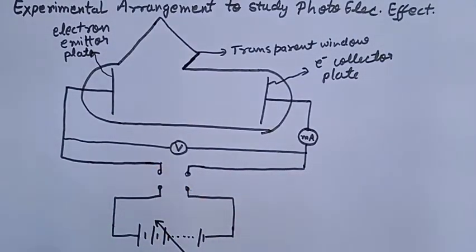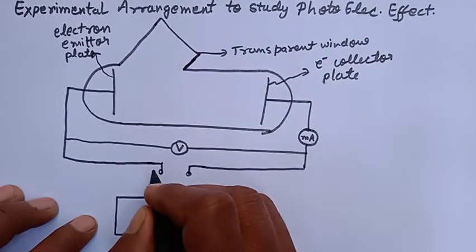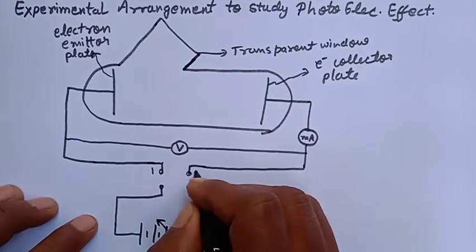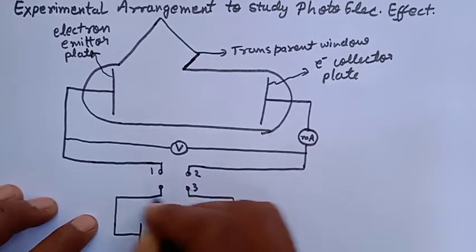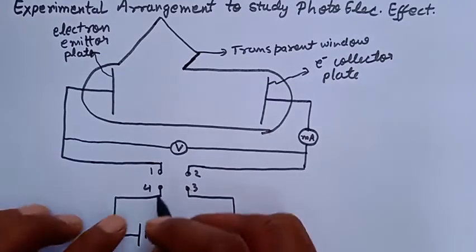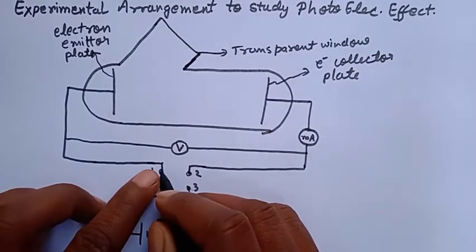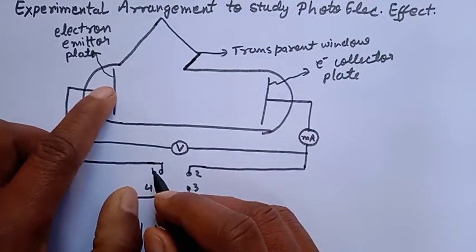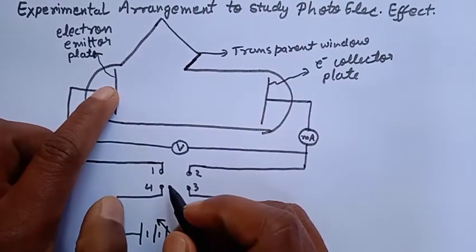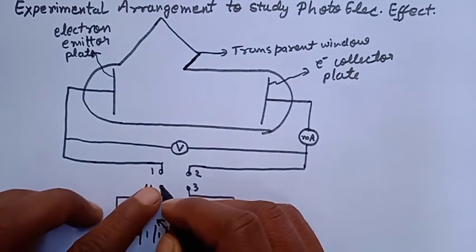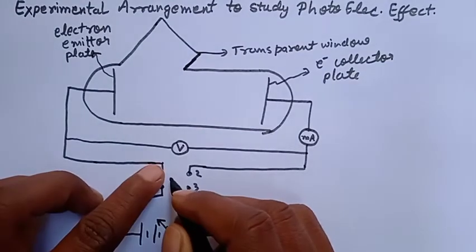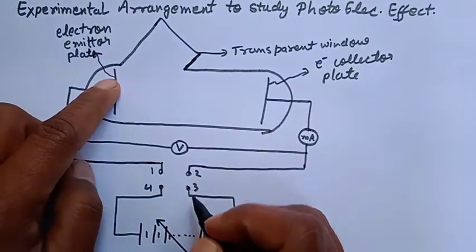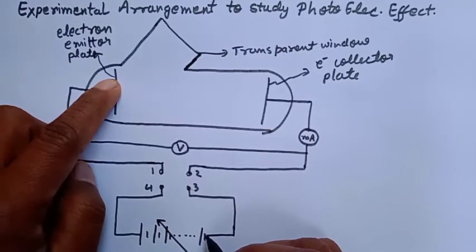What are these terminals for? So this is 1, 2, 3, 4. If we connect 4 to 1, then the electron emitter plate will be at positive potential, and if we connect 3 to 1, then it will be at negative potential.